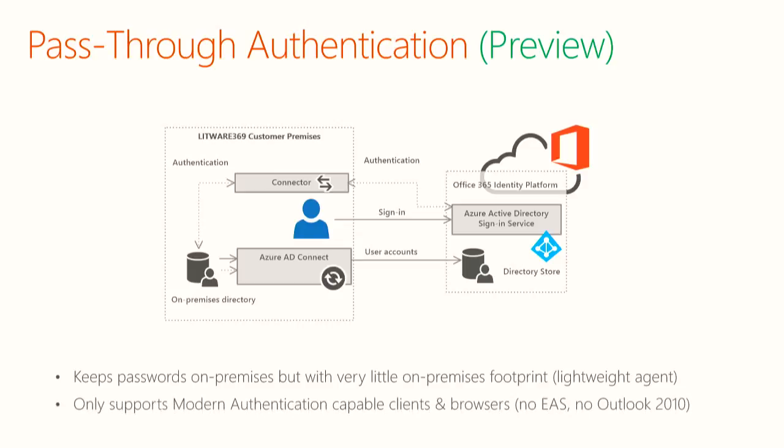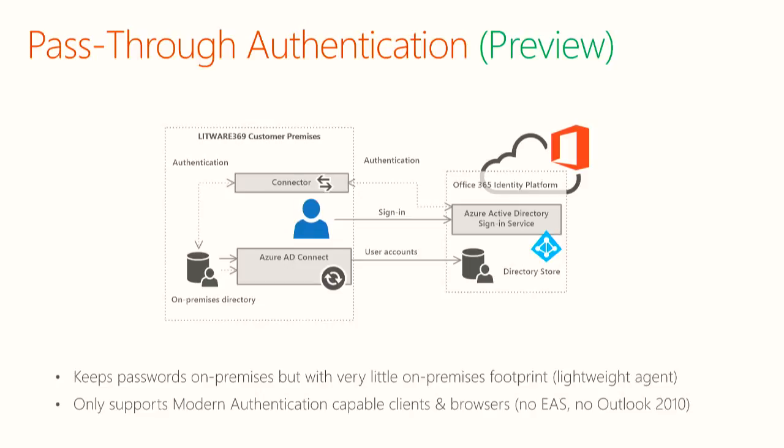These are the catches. So pass-through auth only works for modern authentication clients. So that instantly rules out ActiveSync, which uses legacy authentication, basic auth, which also rules out anything Outlook 2010 or lower, because this doesn't understand modern auth, which is an Office 2013 and higher concept.